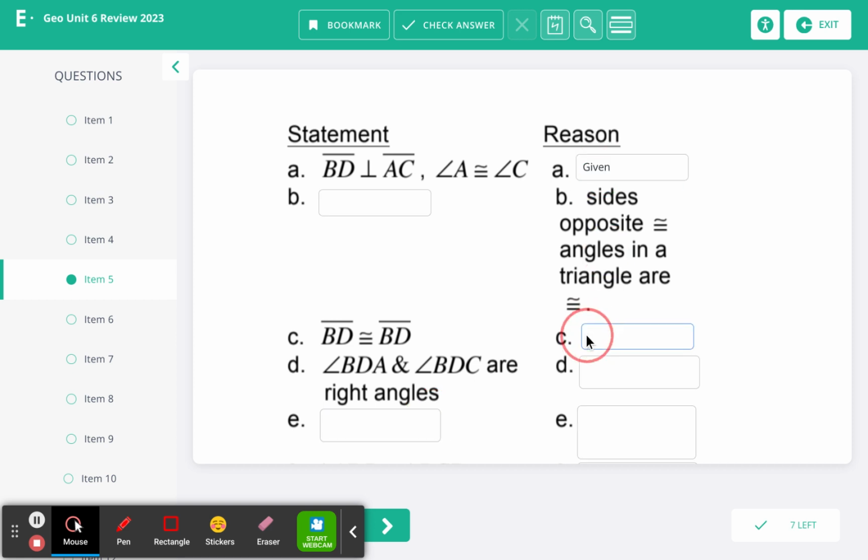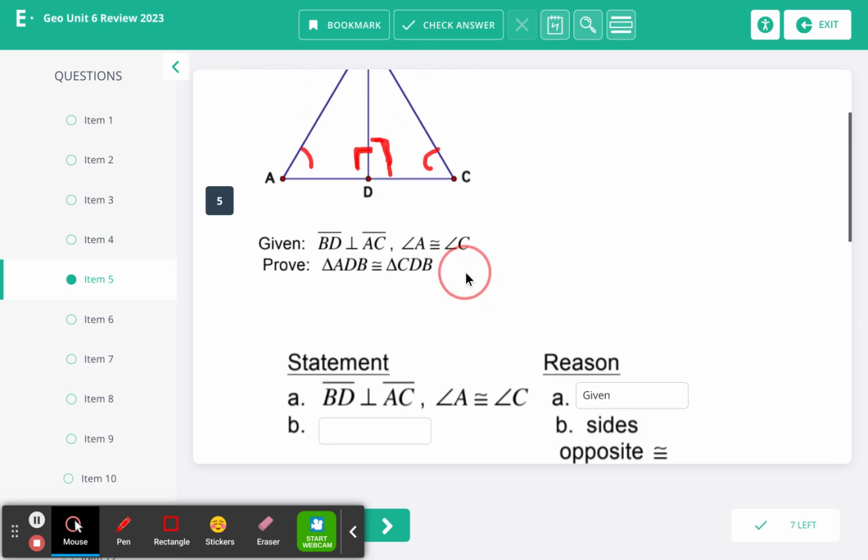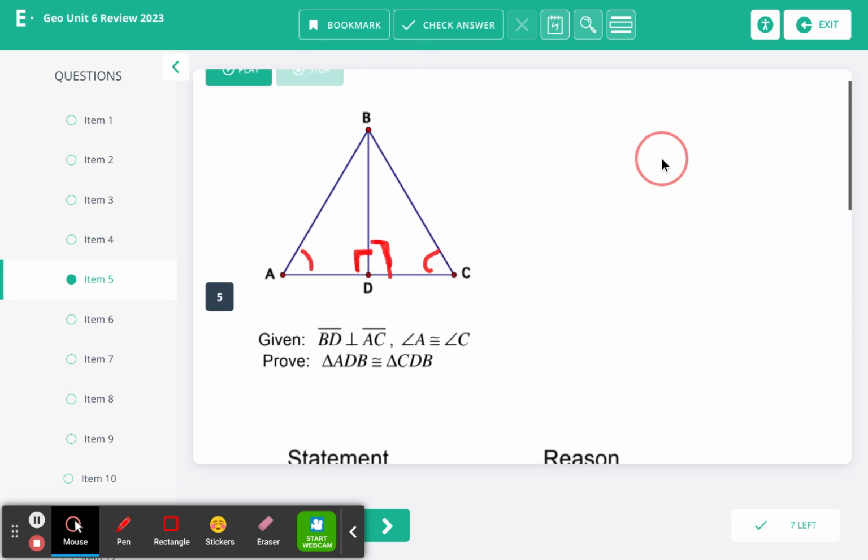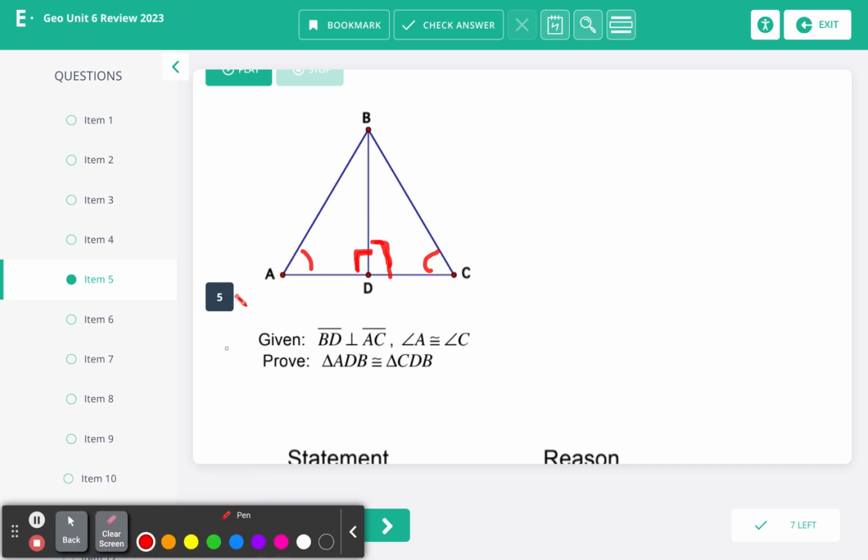The next blank says sides opposite congruent angles in a triangle are congruent. This goes back to one of our earlier units. If we have congruent angles and we're looking at this big ABC triangle, remember that if angles are congruent, the sides opposite those angles are also going to be congruent.